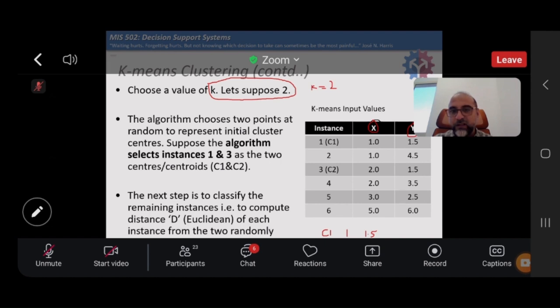You understand what C1 is? So 1 is not C1. C1 is actually sitting on top of point 1, and C2 is sitting on top of point 3. Do you understand this very important subtle point?